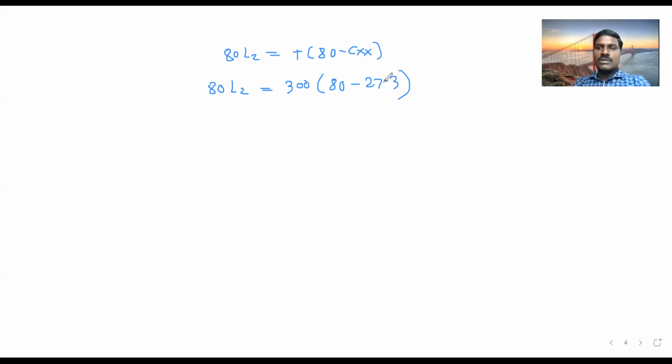Is this correct, for the 80 by 80 by 8 section? Others, please respond. Then how will I know whether this answer is correct or wrong?